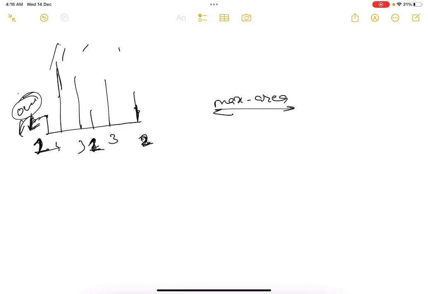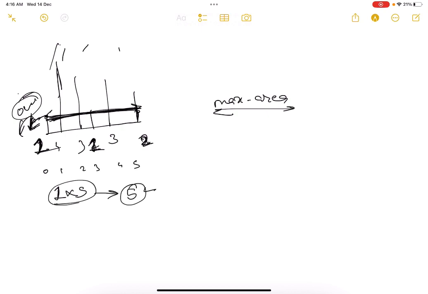So only at this level it will be selected. So this will only be the area in which water will be, because after this it will overflow. So it will be height into breadth. The breadth is the index difference, so 0 1 2 3 4 5, so 5. So here the area will be 5.